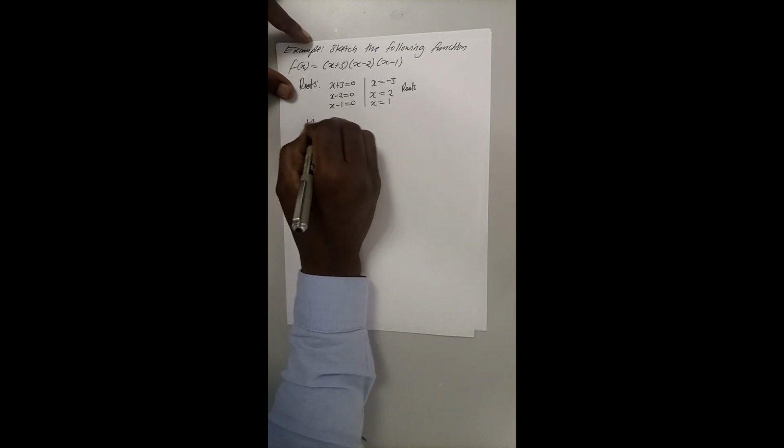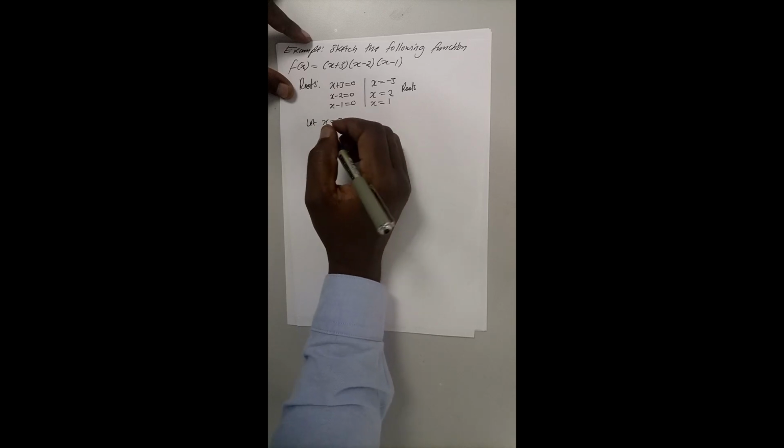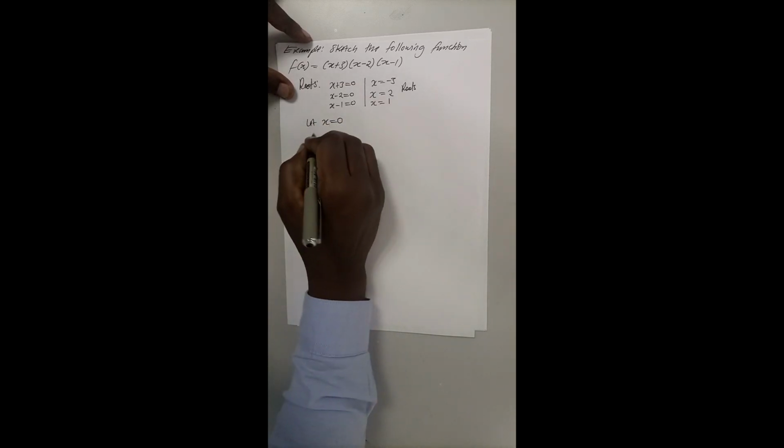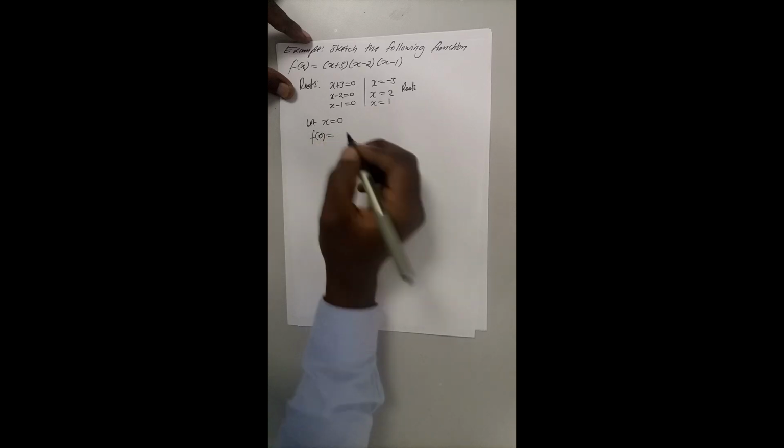After finding the roots, you find what is known as the y-intercept. How do you find the y-intercept? You find that by equating the value of x to 0. So you let x be equal to 0, and then find the value of the function at x is equal to 0.